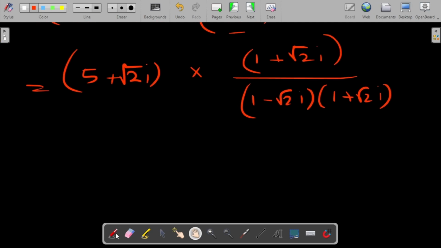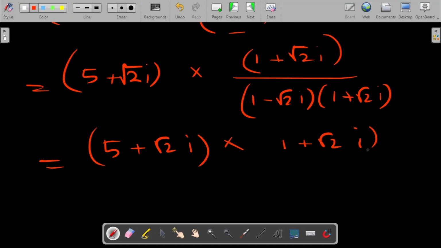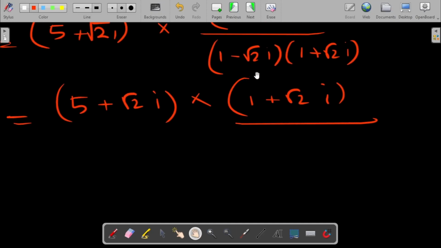Now this is equal to 5 plus square root of 2i multiplied by 1 plus square root of 2i, divided by, for a minus b and a plus b, the formula a square minus b square.